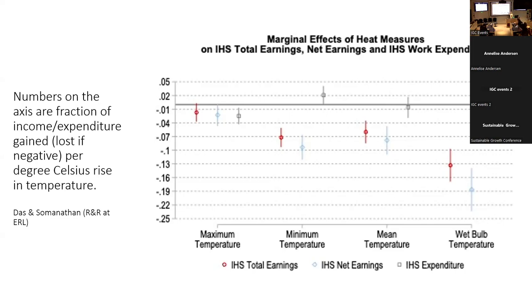Firstly, it's only 1 month in the summer, so it's the hottest time of the year, so you would expect the effects to be largest at that time. And secondly, these people are more vulnerable. They're working mostly outdoors rather than in indoor environments. They're also earning lower incomes, right?